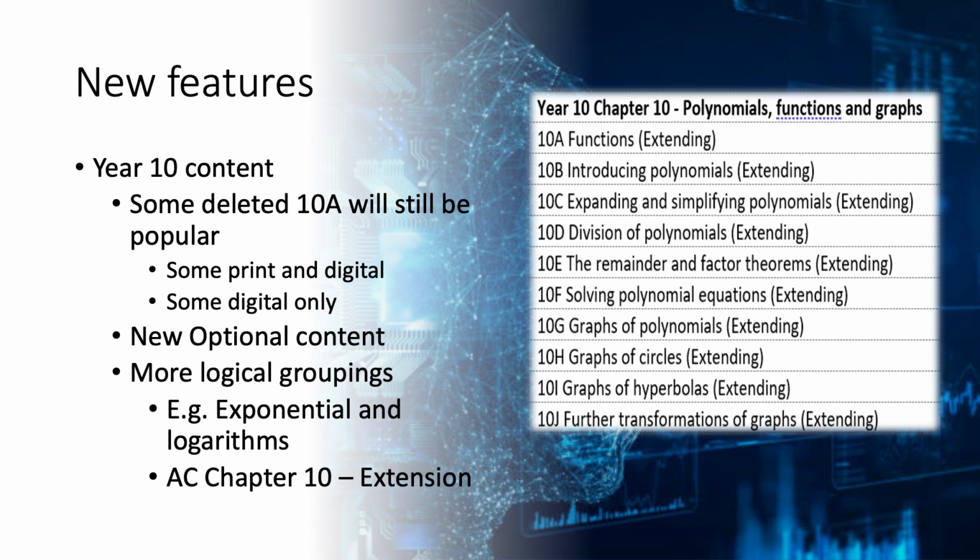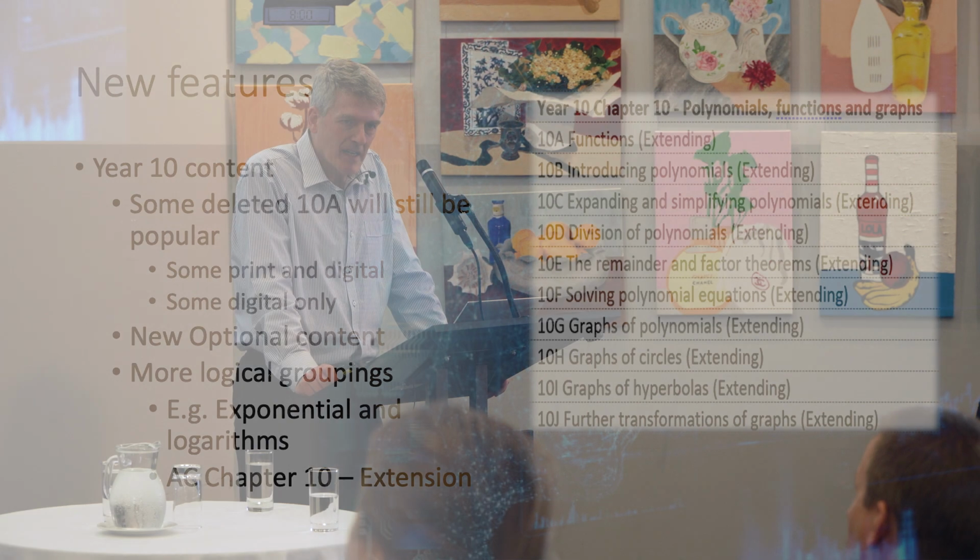A lot of the 10A material that we felt was popular and was used in many schools that wanted to create pathways to higher level maths has been retained right through the series. All this material has been retained. So an example of that is chapter 10, where polynomials, functions and graphs is chapter 10. It'll be digital only for the Australian curriculum, but all of that will be available as part of the series.